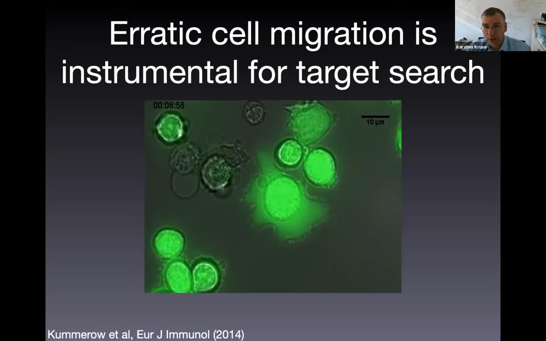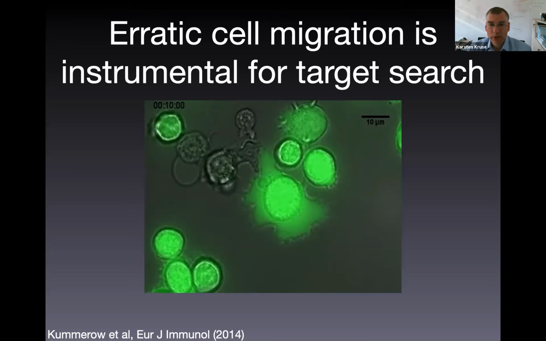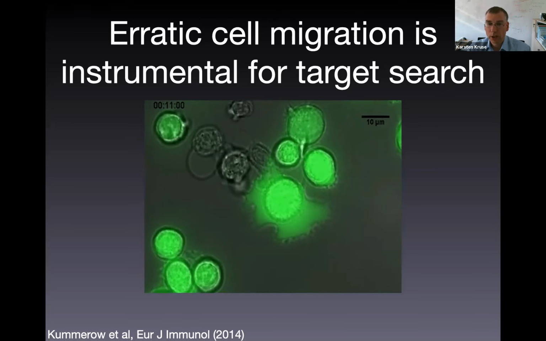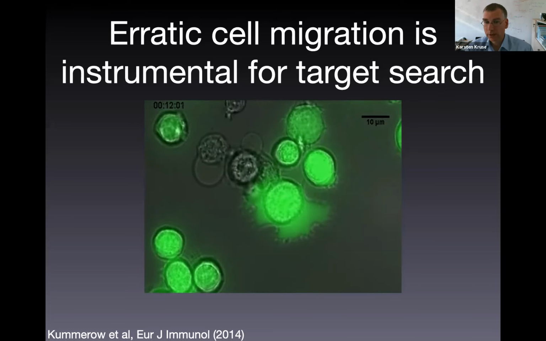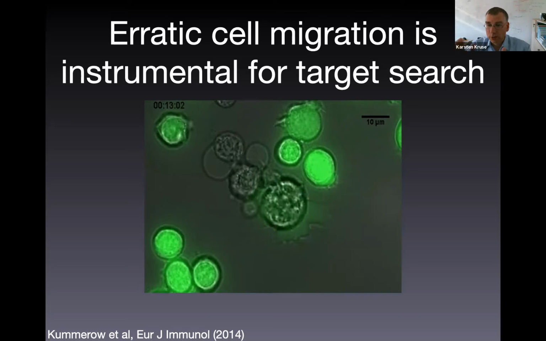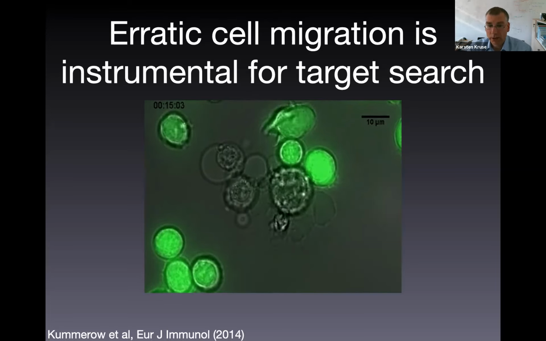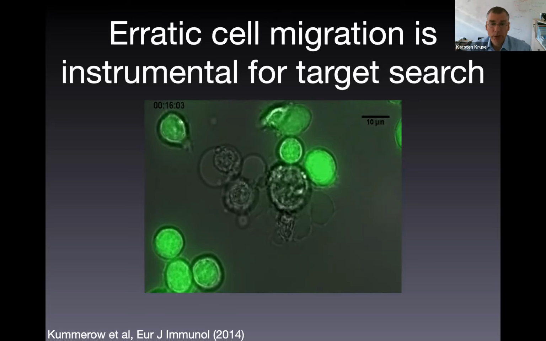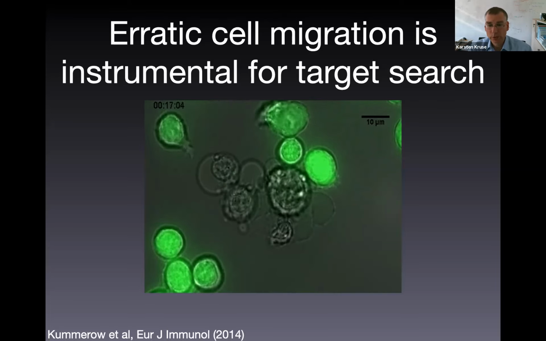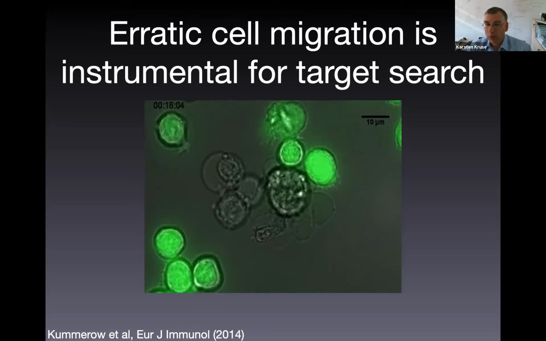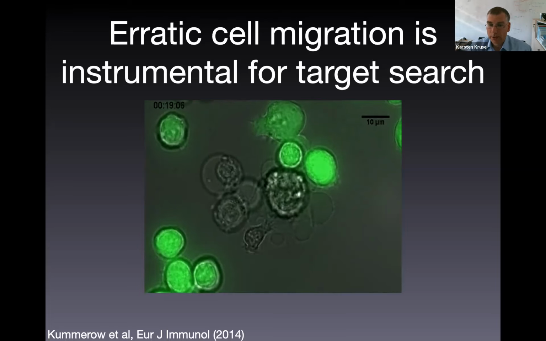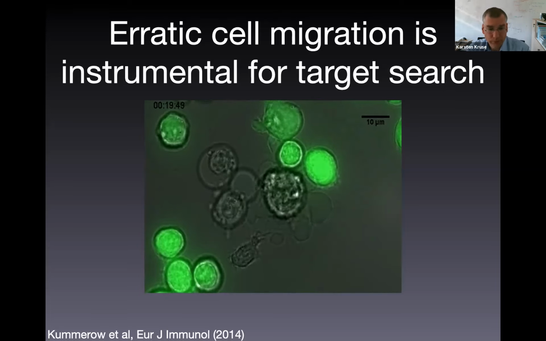For these cells, it might be quite natural that in order to efficiently patrol our body for sick cells, they cannot just move straight ahead in one direction. They also cannot really rely on any cues, like chemotactic cues, as we've seen in previous examples. They really perform at best a random walk and thereby try to patrol the whole environment.